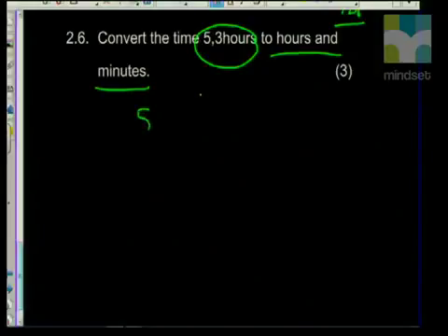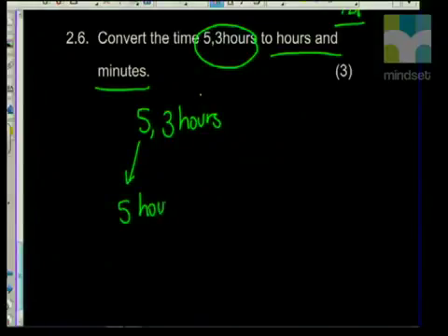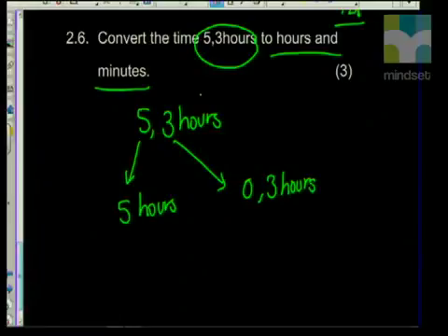So when I've got 5,3 hours, this means it's 5 hours and 0,3 hours. So the 5 hours part is fine. It's this 0,3 hours that is the problem. And I need to now convert this to be minutes.